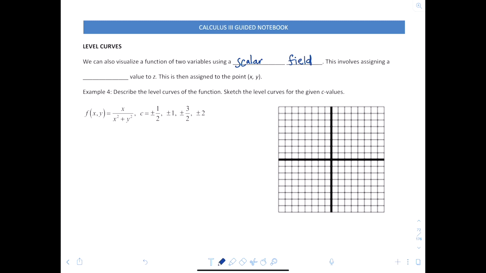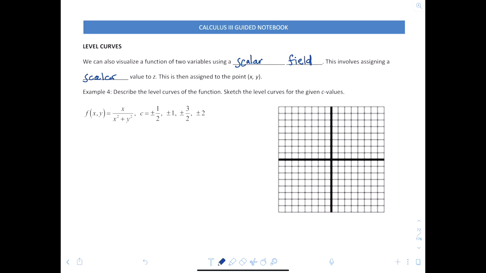This involves assigning a scalar value to z. This is then assigned to the point x, comma, y. So example 4, describe the level curves of the function and then sketch the level curves for the given c values, right? So here we go.